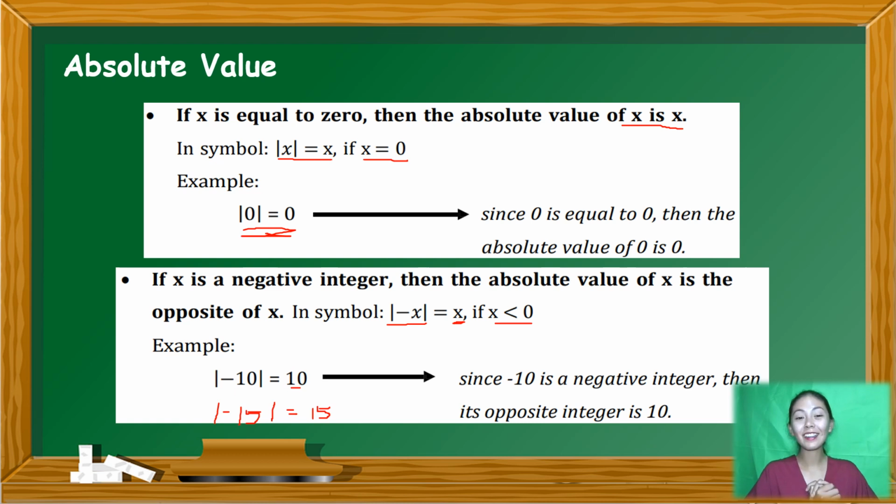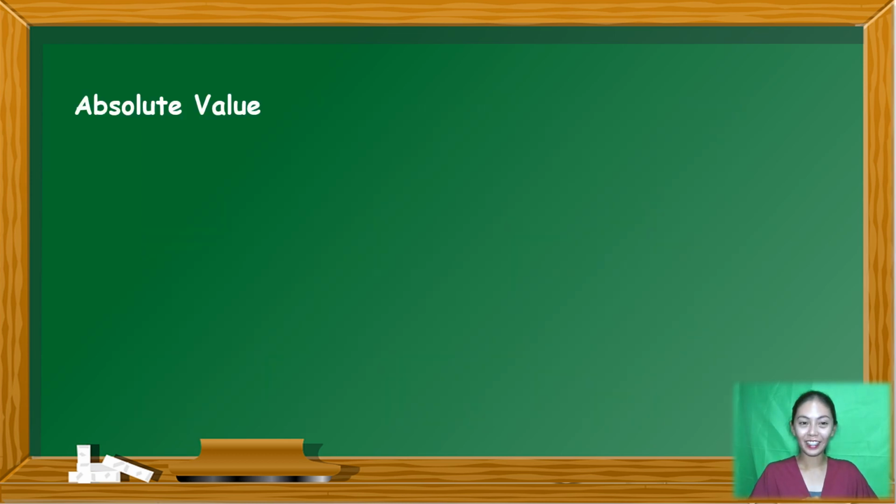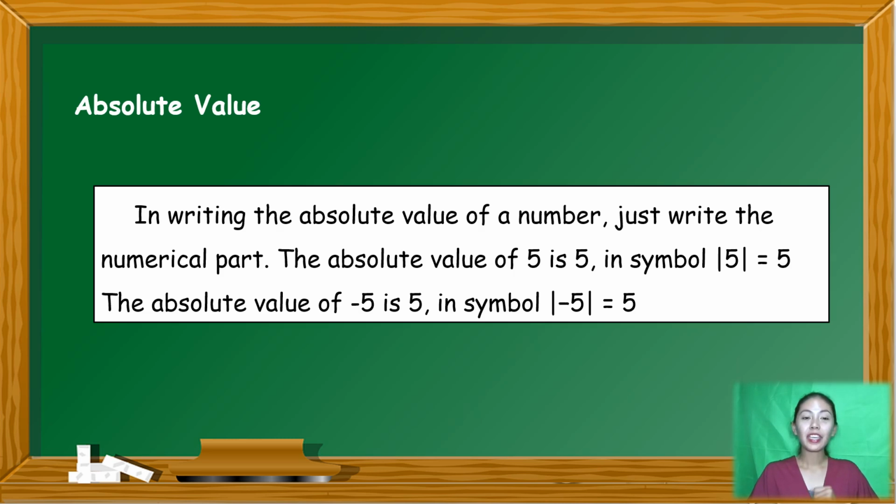Are we clear? Now just follow my discussion. In writing the absolute value of a number, just write the numerical part. The absolute value of 5 is 5. So 5 here is the numerical part.